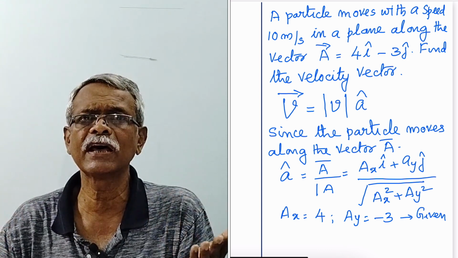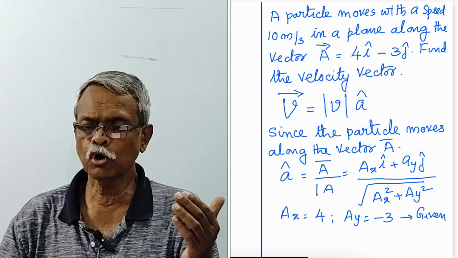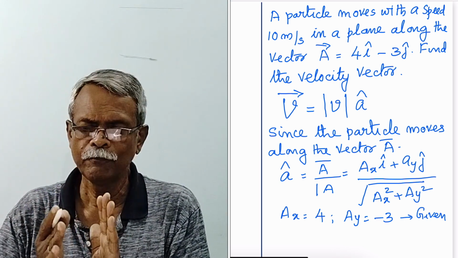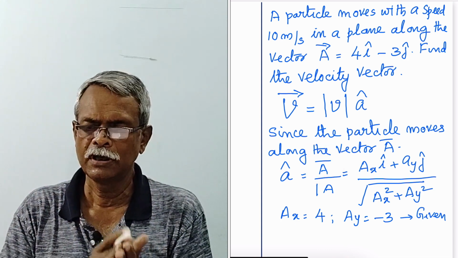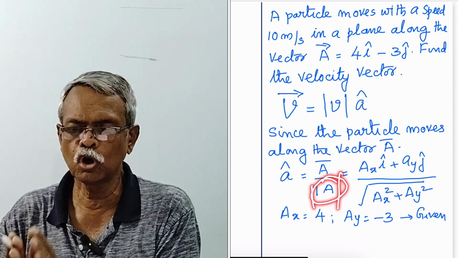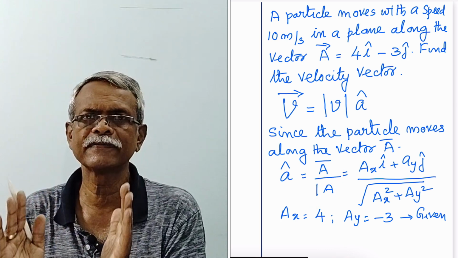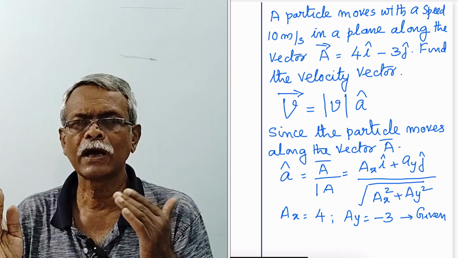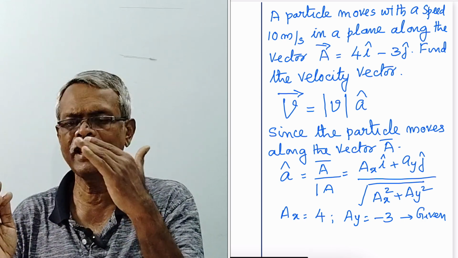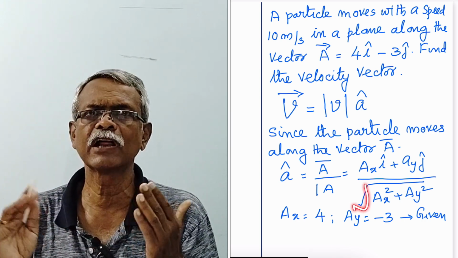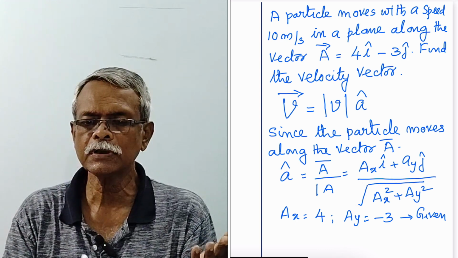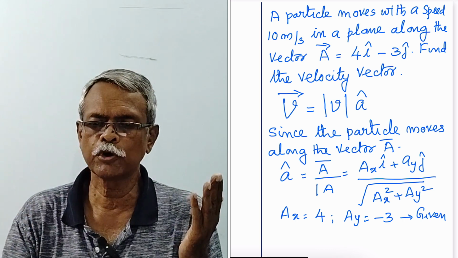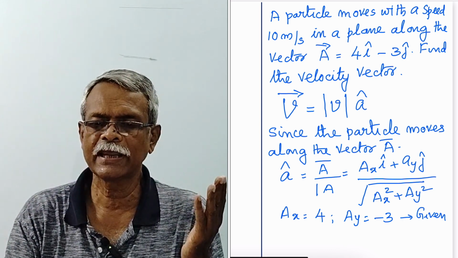If ax and ay are given, the magnitude is the square root of ax square plus ay square. So, ax is given as 4, ay is given as minus 3. So, ax square plus ay square is 4 square plus minus 3 whole square. And at the top, we have axi plus ayj, that is given as 4i minus 3j. So, we can calculate the unit vector a. This is not the unit vector, this is the vector a.